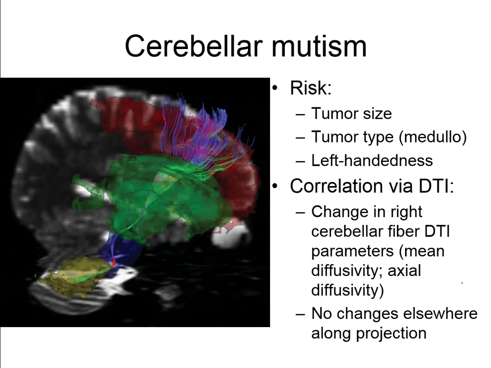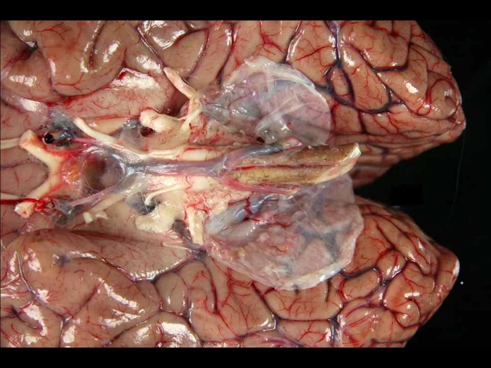That disruption, which does recover in most situations, is somehow related to the ability to generate speech. So we never think about cerebellum as being part of our speech circuitry except for the mechanics of mouth, tongue, lips, airway movement. But it clearly is controlling in some way the ability to generate language.